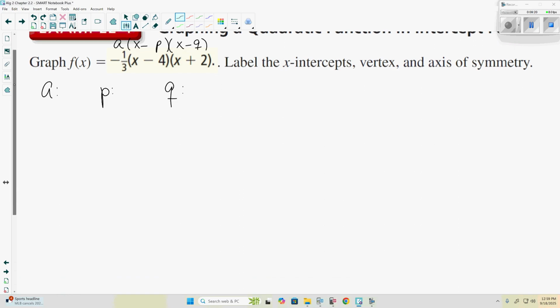So looking at this equation, comparing it to the general form, our value of a is 1/3. Our value of p is 4. Would it be positive or negative? Positive. And q is negative 2.